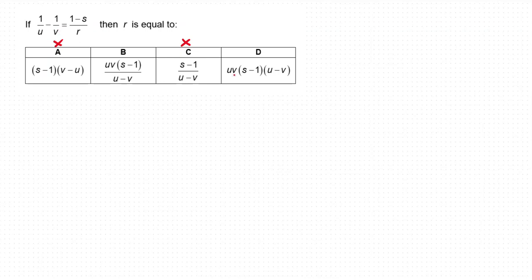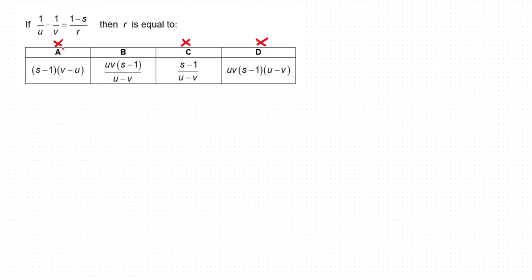So it's unlikely that the UV and the U minus V, as in D, are going to be one over the other. So I'm going to guess that D is not the answer. If I was in a hurry, I'd say it's probably B without working it out fully. But now let's do this properly, and see what we end up with.